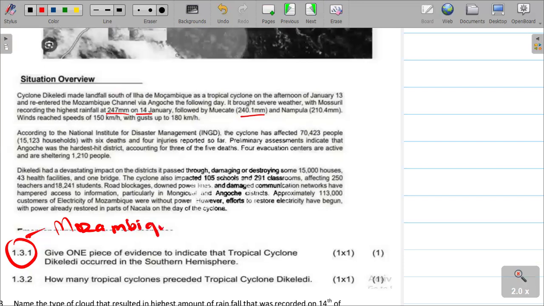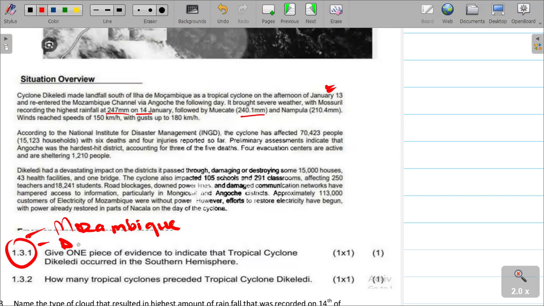On our world map, Mozambique is in the southern hemisphere. We can also talk about the date, which is also given there. We said that it was recorded on 13 January, the 13 January which is given here.